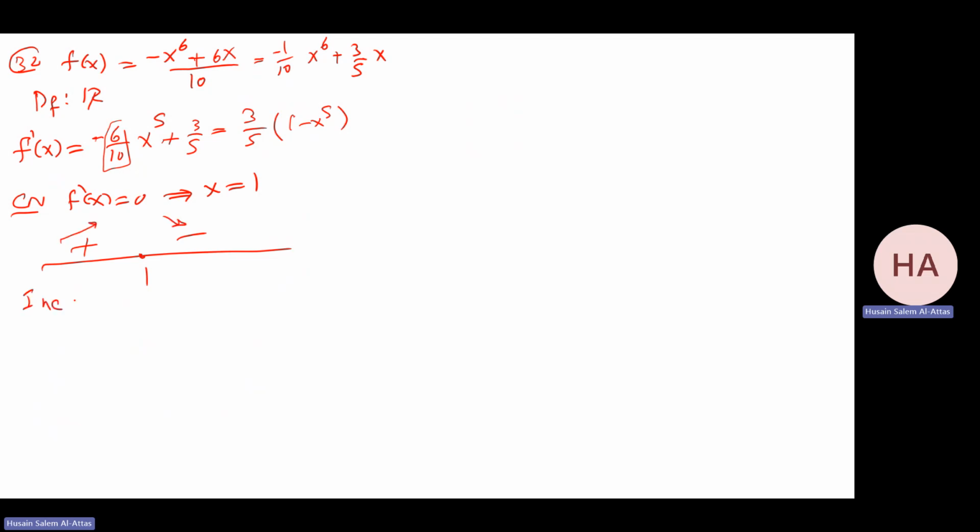So increasing from minus infinity to 1 and decreasing from 1 to infinity. And they have local max at x equals 1.